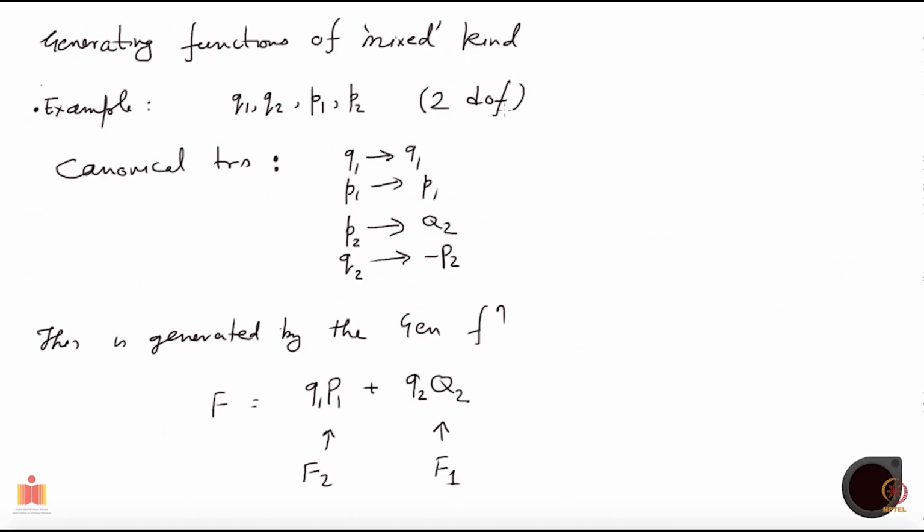So let's see what we are doing. F2 we have chosen to be q1p1, which means the transformation that will happen will be identity. So the coordinate q1 and momentum p1 will still remain unchanged.